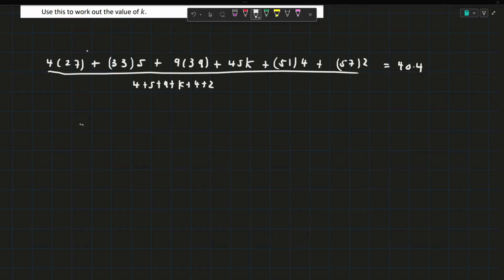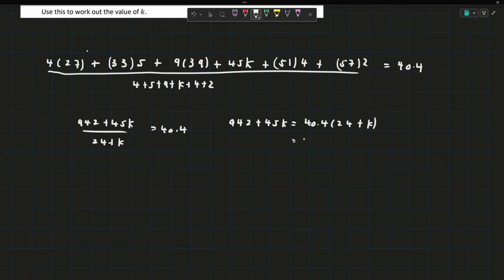When you add these together, you get (942 plus 45k) over (24 plus k), and that's equal to 40.4. Then we can just solve this equation for k. So 942 plus 45k will be equal to 40.4 times (24 plus k). Expand out the bracket, and we'll get 40.4 times 24 plus 40.4k.